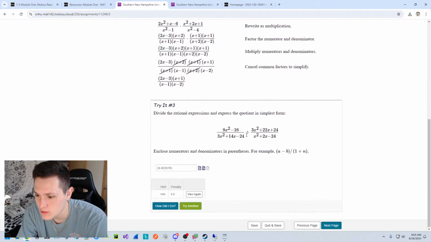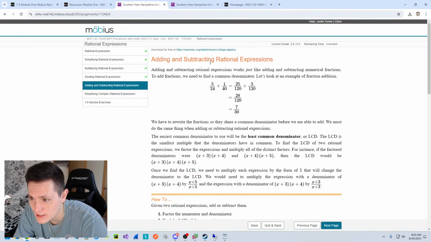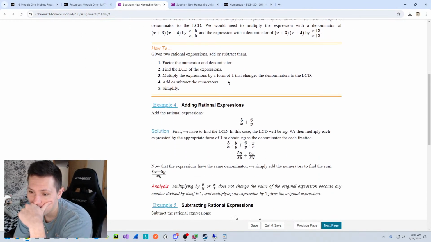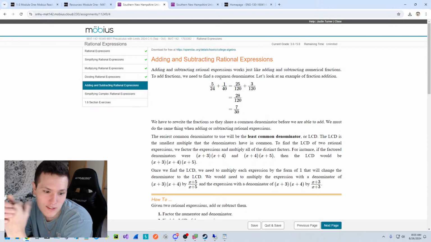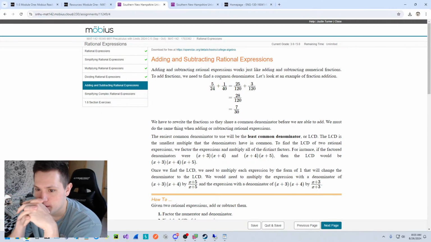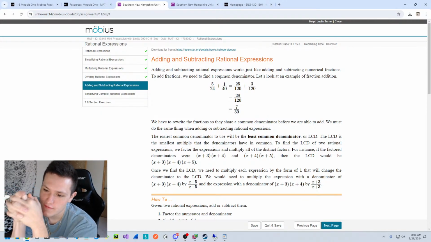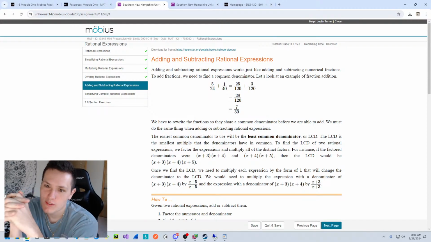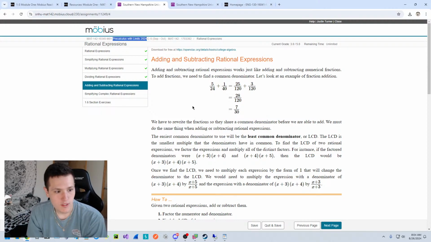I didn't really get to do a whole lot, but I got to this part right here. This is where I'm at now, adding and subtracting. But I don't think I really need a review. I mean, maybe a little bit. Yeah, I'm doing it online. Wait, have you had to take this yet? Pre-calc?